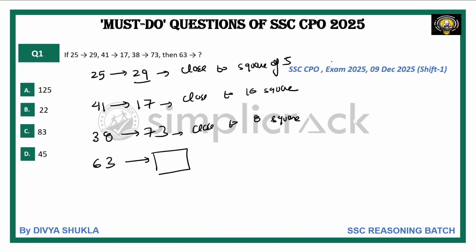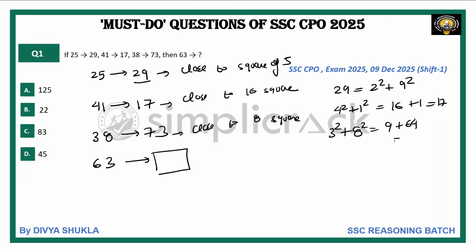So you can see the logic that you can write 29 as 2 square plus 9 square. Similarly, you can write 17 as 4 square plus 1 square, that is 16 plus 1 equals 17. Similarly, 3 square plus 8 square, that is 9 plus 64, you get 73.